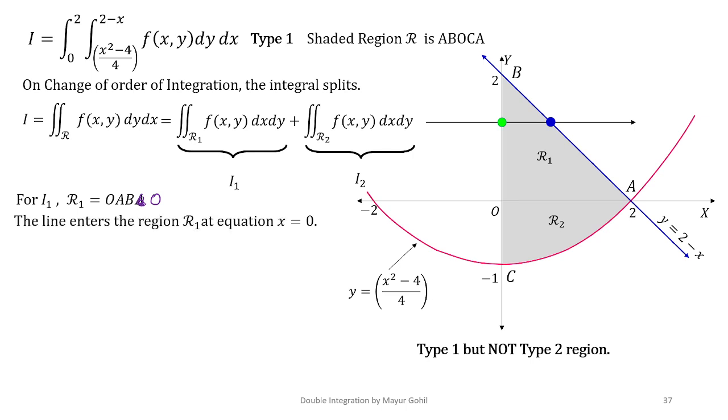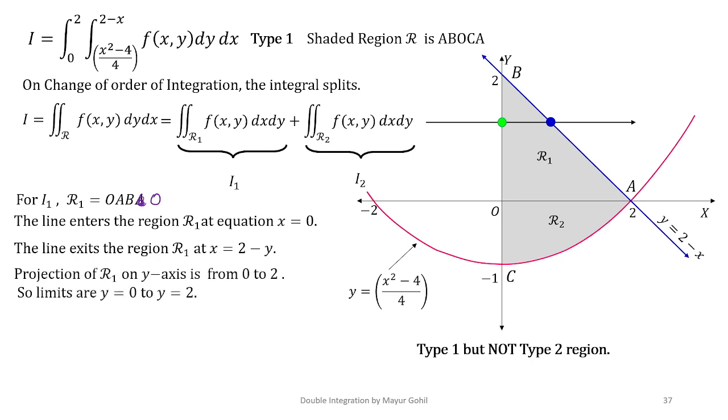The line is entering at x equals 0, that is the y-axis, and exiting at x equals 2 minus y. So the double integral projection limits are going to be from 0 to 2. With the projection understood, we'll have I1 equals the double integral of f of x comma y dx dy.